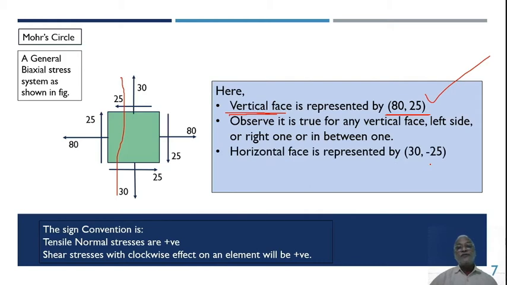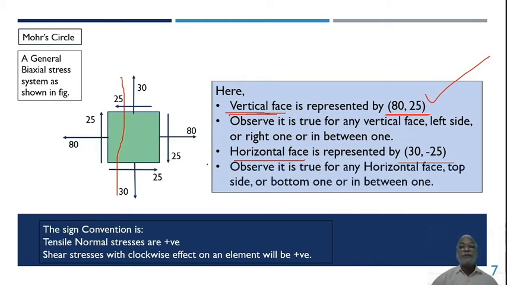Okay, the horizontal face is represented by 30 minus 25. 30 is pulling out, because of that it is plus, it is tensile, and 25 is anti-clockwise, because of that it will be negative. So the point on the Mohr circle would be 30 minus 25, which will represent any horizontal plane, maybe on the top, maybe on the bottom, maybe in between.